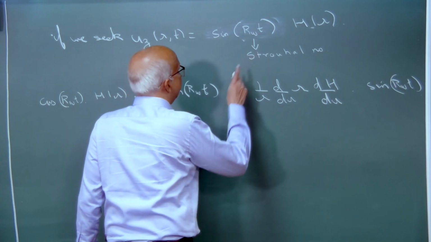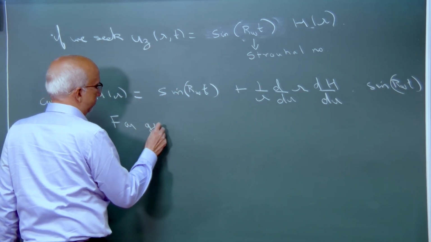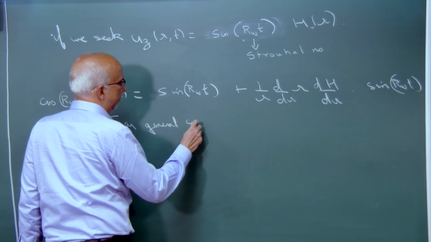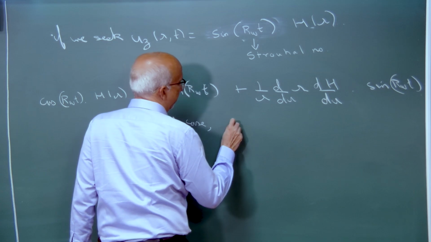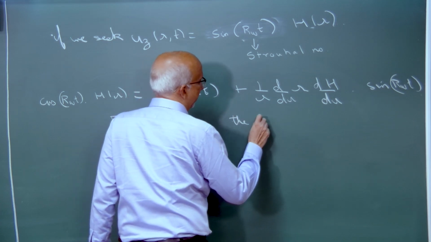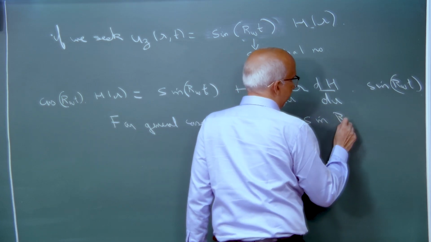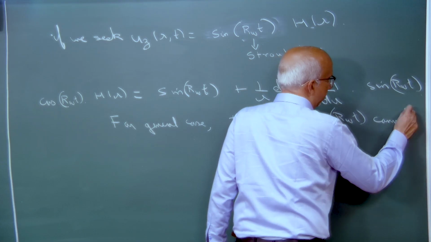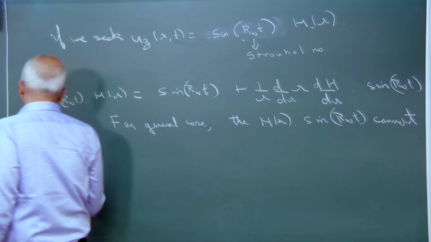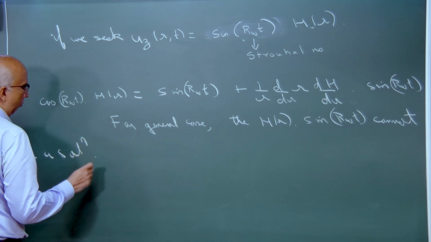So, this means for the general case, the assumption, the h of r multiplied by sin Rw t cannot be a solution, okay.